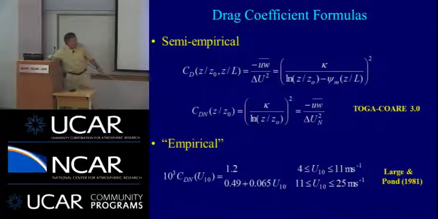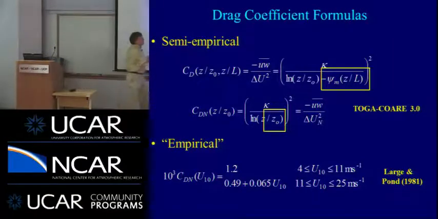When we parameterize this drag coefficient from these measurements, there are a couple of things we have to be aware of. One is the stratification effect, the stability effect. Once we've taken out stability effects using flux profile relationships, which we have validated over the ocean, we're left with the neutral drag coefficient, which is only a function of the aerodynamic roughness, Z0.